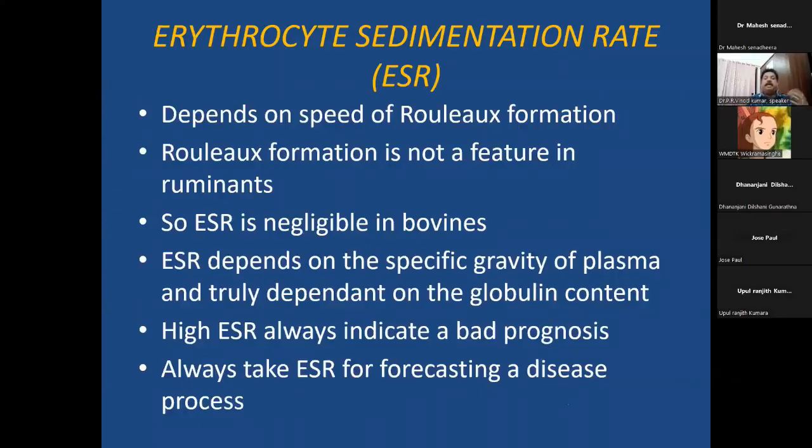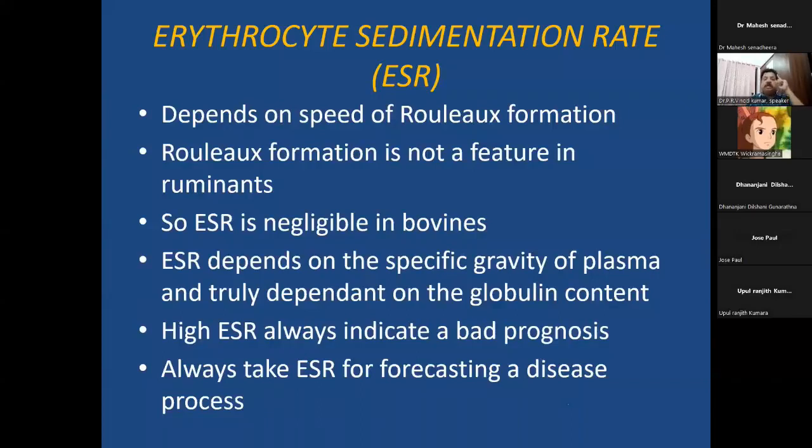So high ESR, generally if a dog is having ESR more than 100, generally has a bad prognosis. But always keep in mind, generally a bad prognosis, not always. I have seen several times dogs which had high ESR more than 100 but survived.